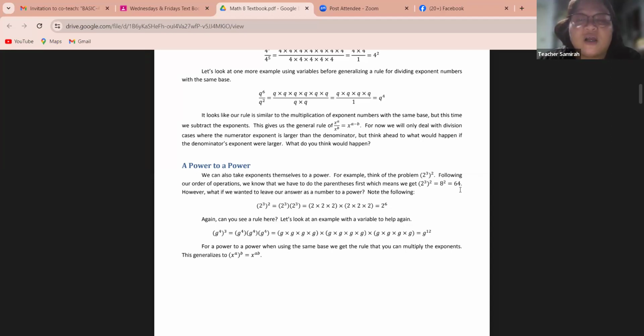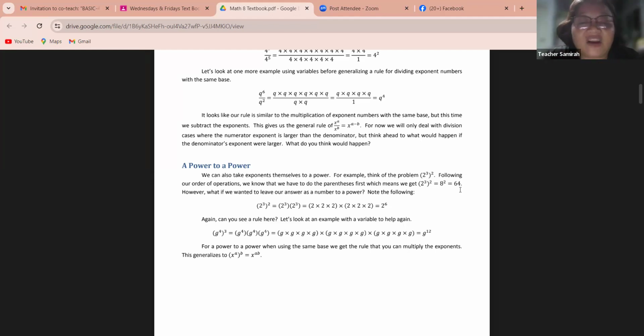So if you look at it, you can easily see that if I encounter a variable having an exponent, and the said quantity also has another exponent outside, which is what we call a power to a power, then I am simply going to multiply all the exponents.